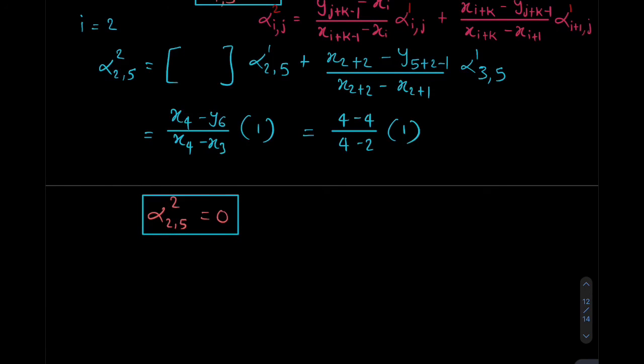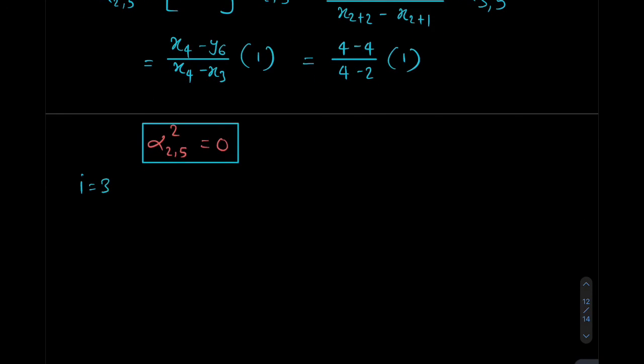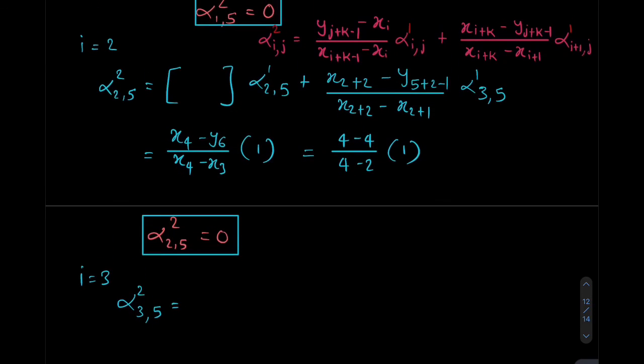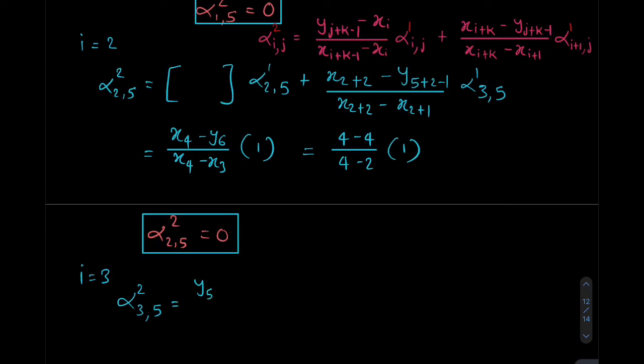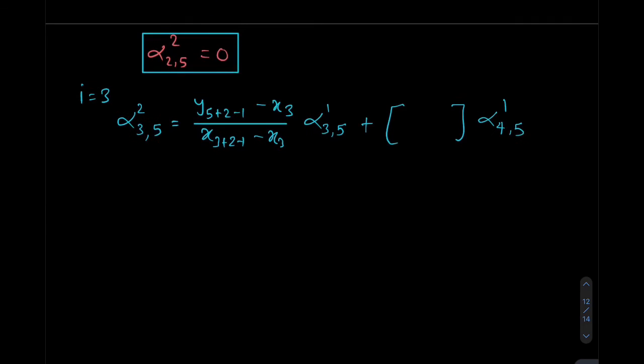Now again increment I by 1, so I is equal to 3, alpha 3 5. Okay, so alpha 3 5 is unity, so that's why in this case first part will be present, y5 plus 2 minus 1 minus x3 divided by xi, which is 3 plus 2 minus 1 minus x3, alpha 3 comma 5 plus some bracket into 4 comma 5, which is 0.